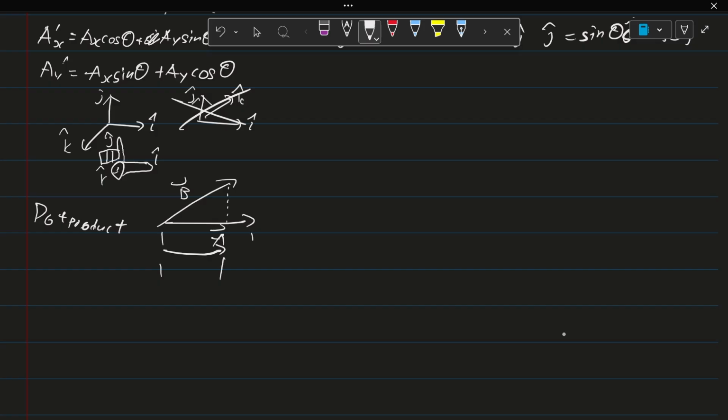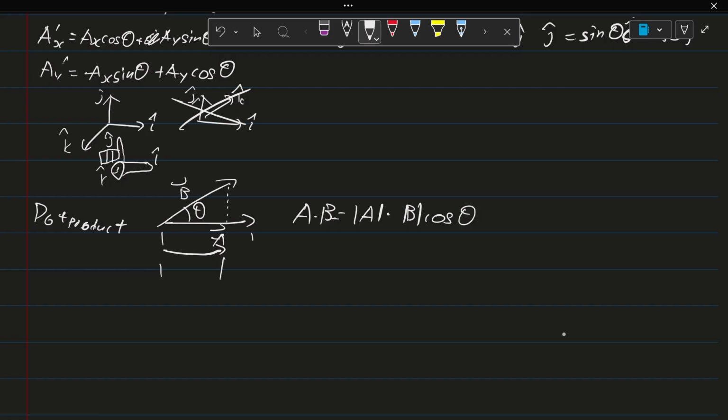That's the definition of a dot product. So A dot B is the length of A multiplied by the length of B while it is projected. If this has an angle theta, it would mean that it will be the magnitude of B times cosine theta. And this is the definition of a dot product.